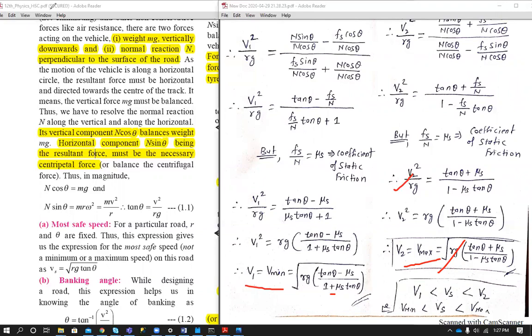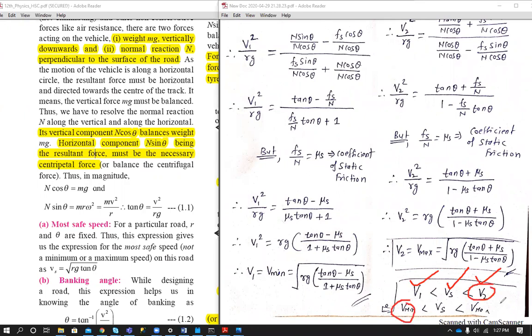So we have derived three formulas. First, maximum safety speed Vs, then V1, then V2. V1 is the lower speed limit or V minimum. V2 is your higher speed limit or V max.